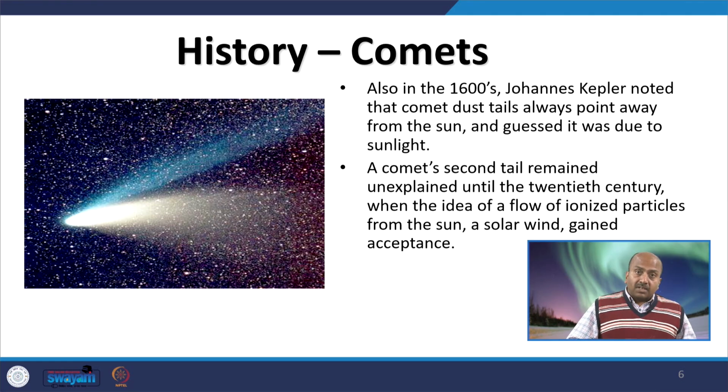So, what else substantiates the solar wind flow is that we can also look at the comets. In the 1600s, Johannes Kepler noted that comet dust tails always point away from the sun and guessed that it may be due to the sunlight pushing the comet dust towards the outer side of the solar system.